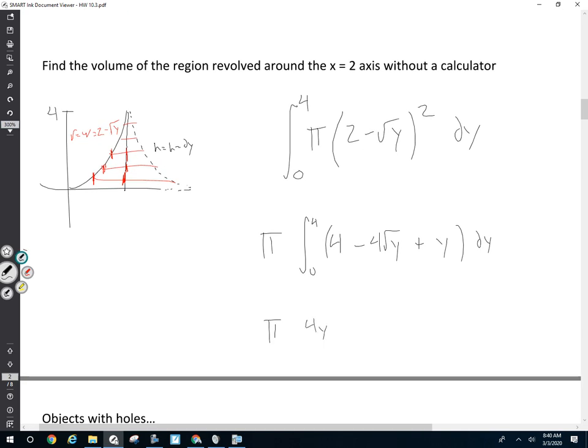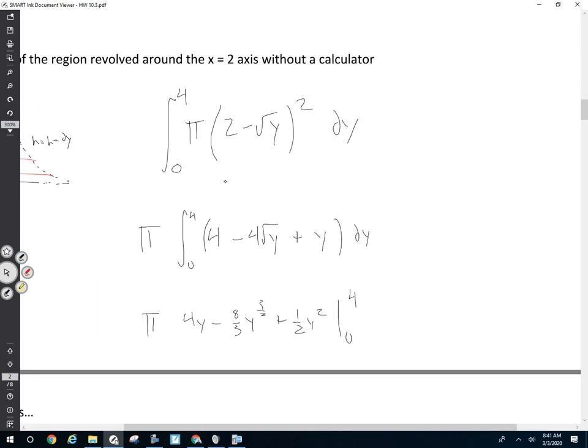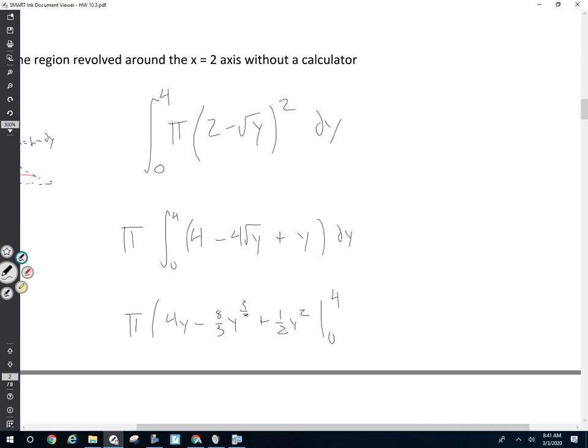So I got 4y minus, this is y to the 3/2 times 2/3, so that's going to be 8/3. Oh, I don't want to do this. I'm probably just going to leave this like this. A good example for free response questions is that you don't need to simplify. You can leave things like this: 16 minus 8/3, 4 to the 3/2.